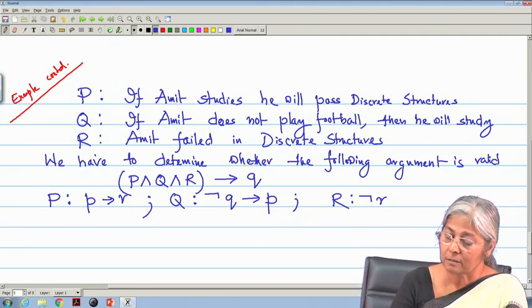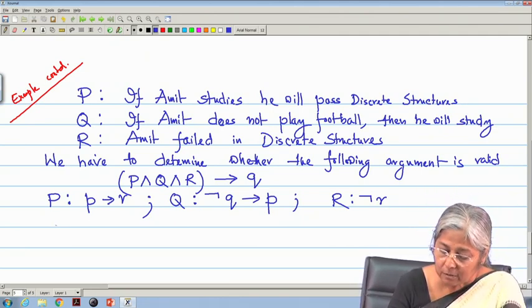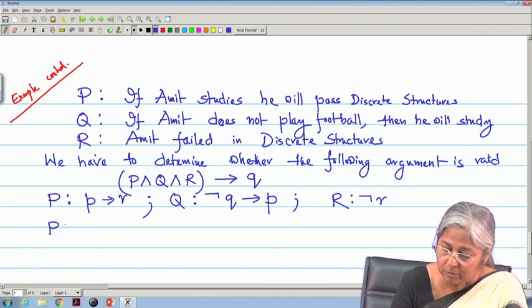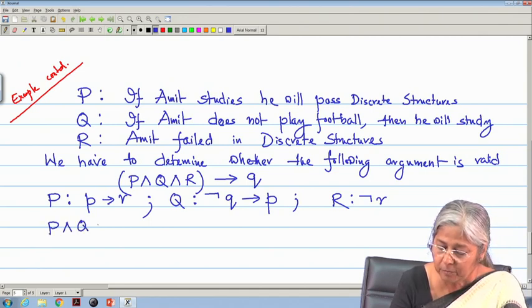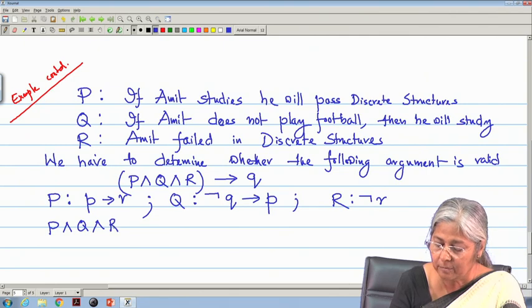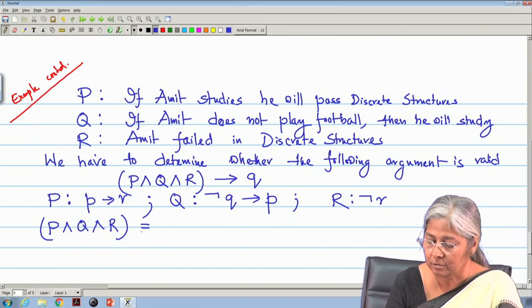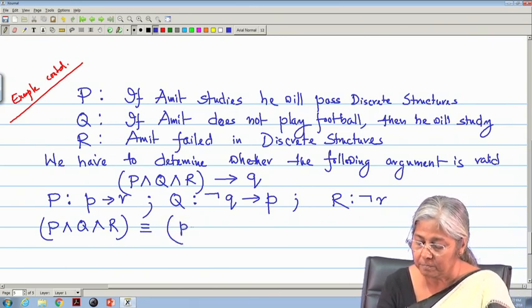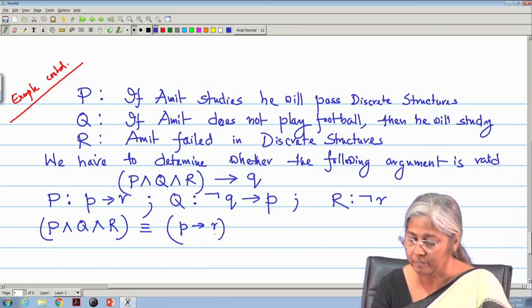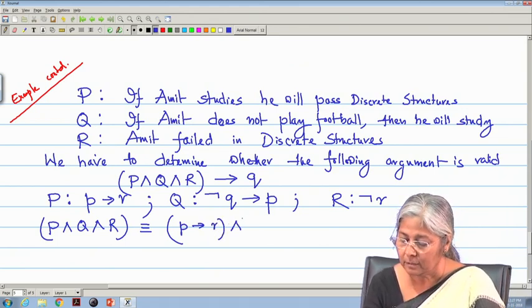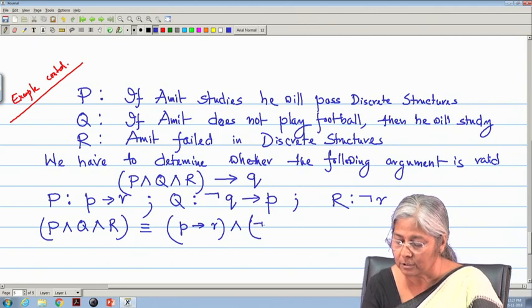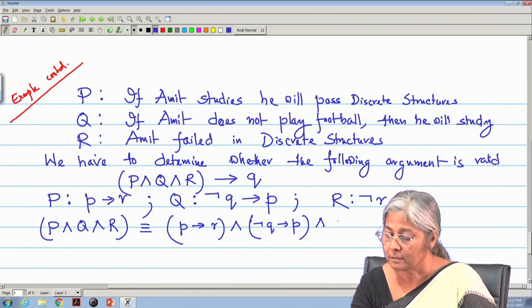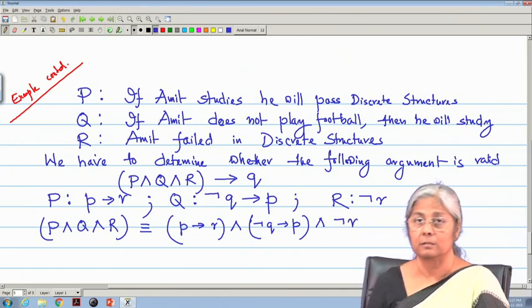Now we replace the capital P, Q and R. If we start with the compound propositions connected by the conjunction, it is equivalent to: small p implies r, and Q is negation q implies p, R is simply negation r.